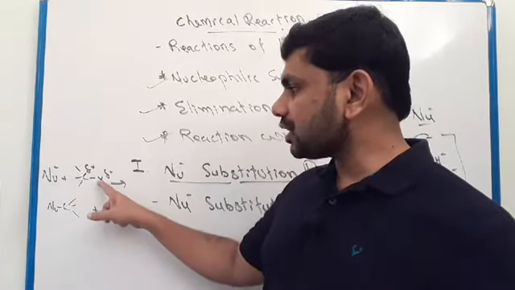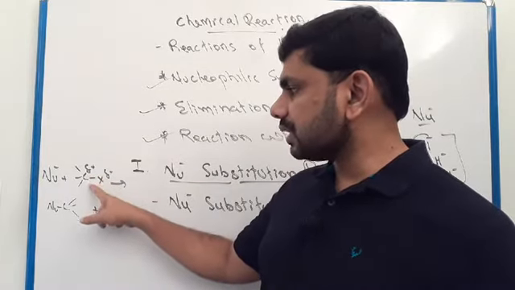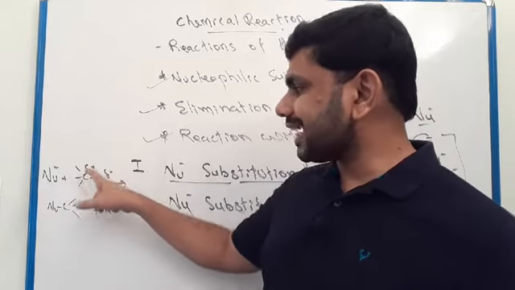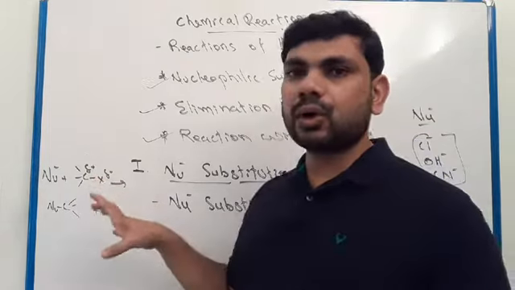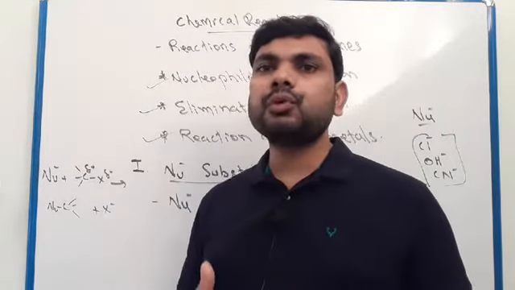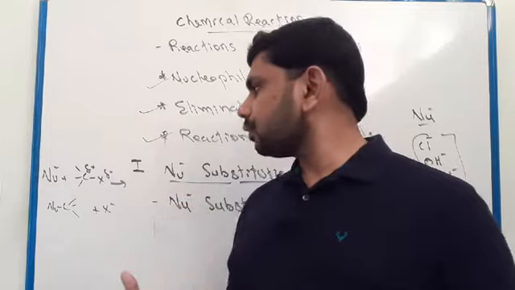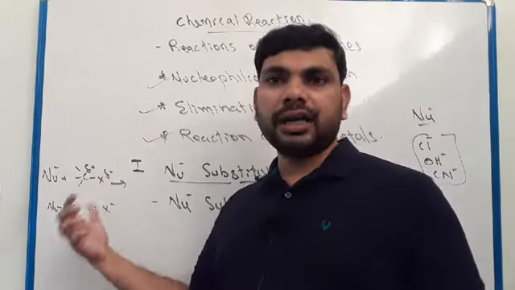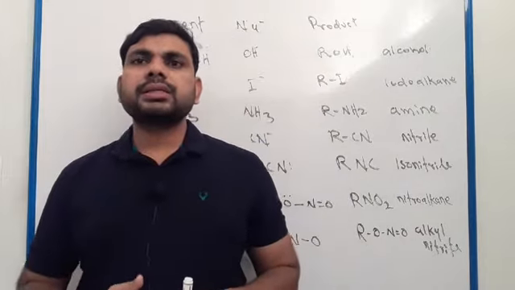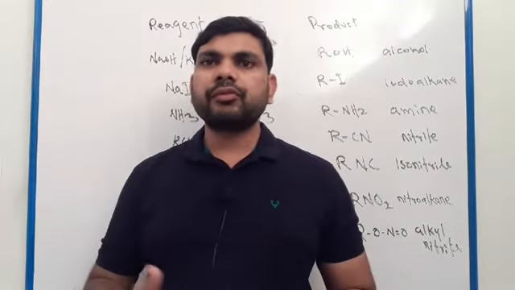Halogen is leaving from this compound, and nucleophile will attack this compound. So attacking group is nucleophile, and leaving group is halide. Clear? Okay, so here we discussed nucleophilic substitution reaction.